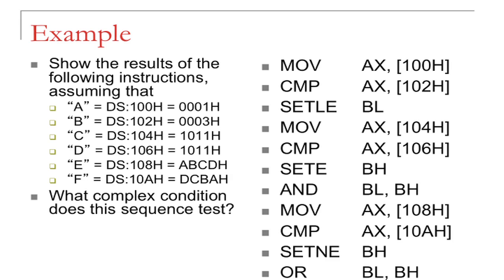By that I mean it's going to check whether, for example, A is less than B or not, and if that's the case, it will check what the relationship is between C and D, and so on. I'll give you 1 minute to try to figure this out.